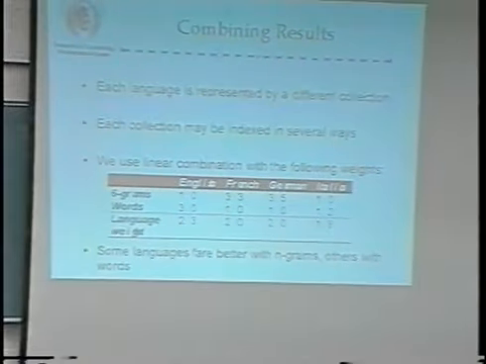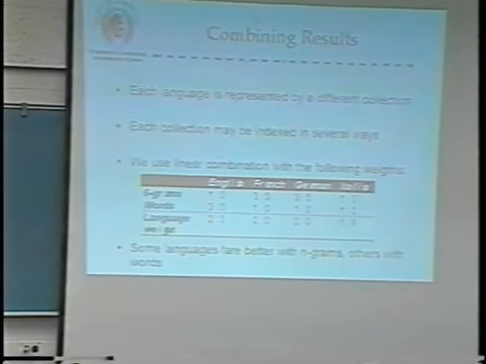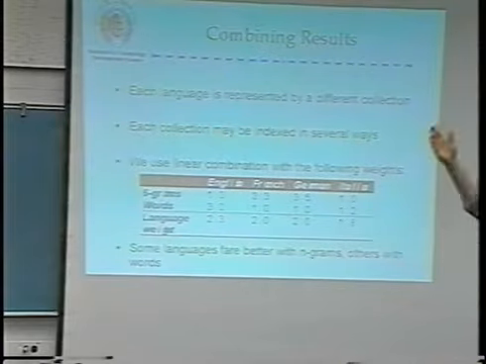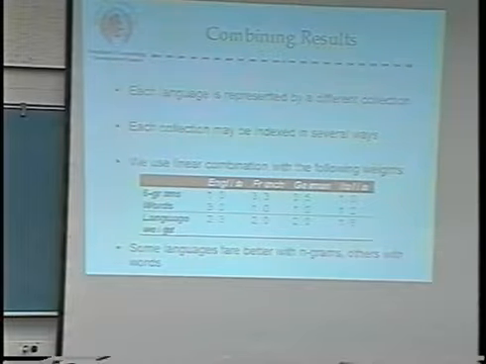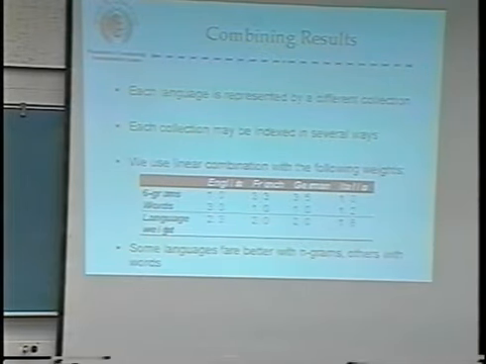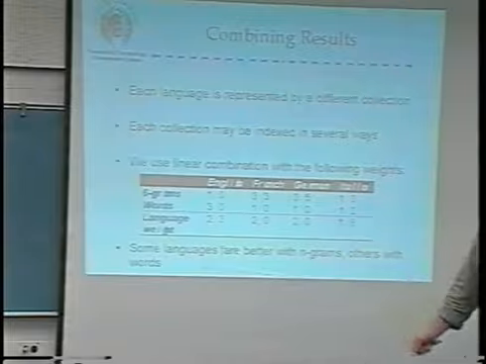And we then weighted the value of the word retrieval versus the n-gram retrieval differently in the different languages. Okay, so for English, for example, our tests at that time were showing that on the collection that was being used for cross-language retrieval, words worked significantly better than 6-grams.